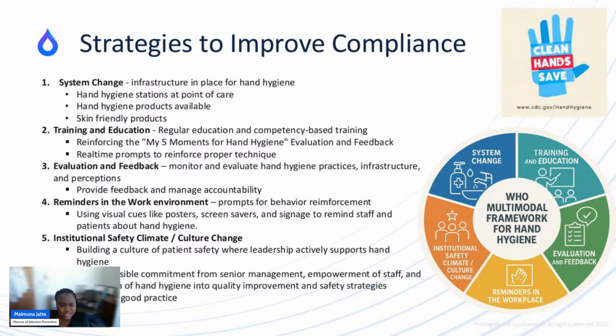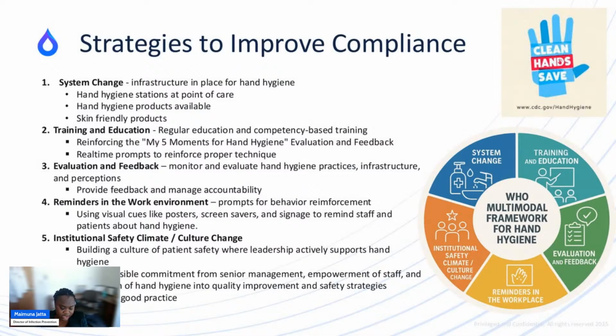And then things like other strategies, right? Create reminders. Again, in a fast-paced environment with competing priorities, it is natural to assume that people forget. And so making sure that there are prompts and visual reminders that bring hand hygiene to the forefront at all times. Basic things like posters and signage and visual cues that remind people to wash their hands.